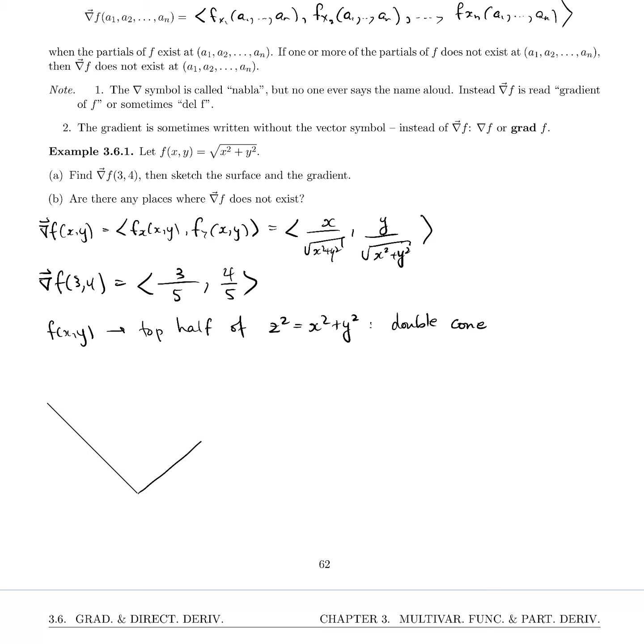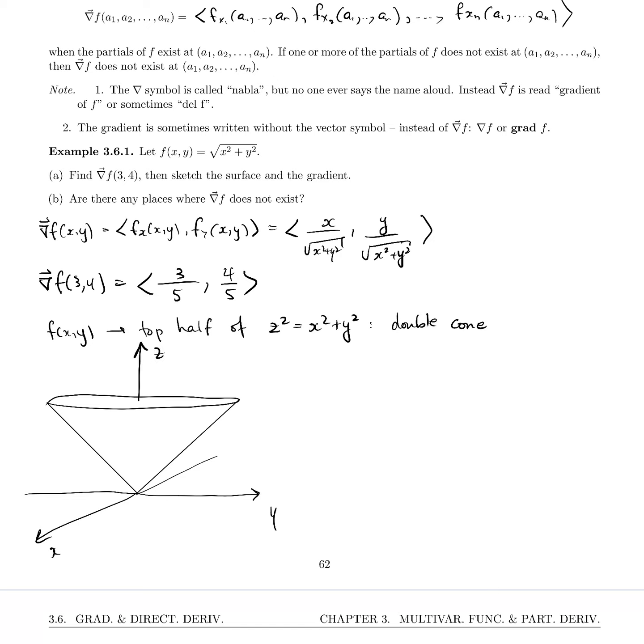Give ourselves a nice big wide cone here. Actually, let me add some axes first. There's the x, the y, and the z axis, and maybe give this a little bit of shading.